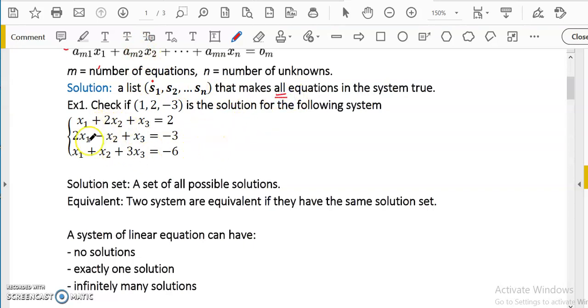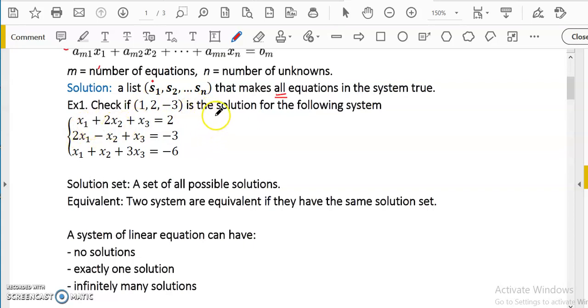For example, I have a system of 3 equations and 3 unknowns, written in the way where all the x1 is together in the same column, all the x2 in the same column, x3 in the same column, and then we want to check if (1, 2, -3) is the solution. When written this way, we assume the first is x1, the second is x2, the third is x3, ordered according to the name.